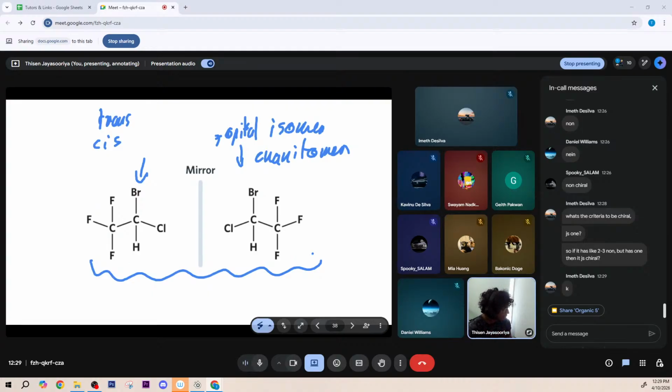Now, the only thing that I want to point out about this is that the number of enantiomers this compound will have will be equal to 2 to the power of n, yeah? And what does 2 to the power of n mean? Essentially, n is the number of chiral centers this has. So because this has 1 chiral center, there's going to be 2 different enantiomers for this one. If we had something with 4 chiral centers, it will have 16 different 3D spatial arrangements.